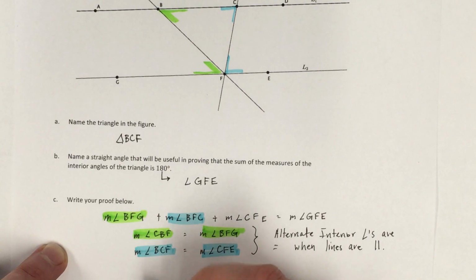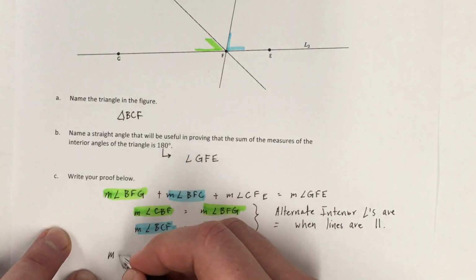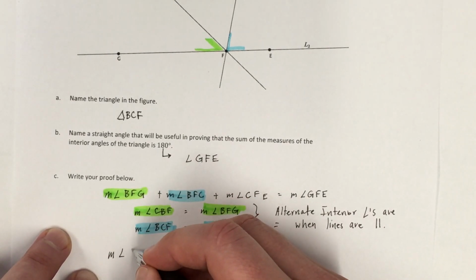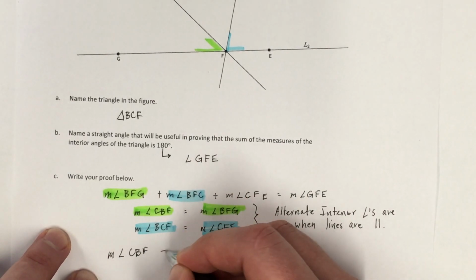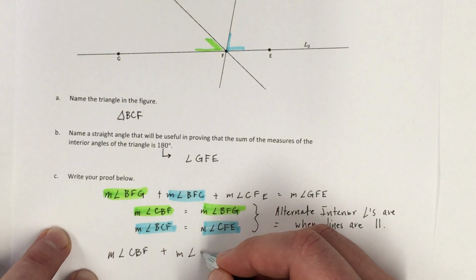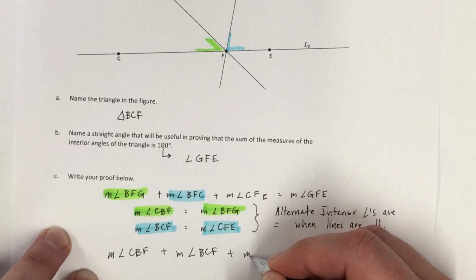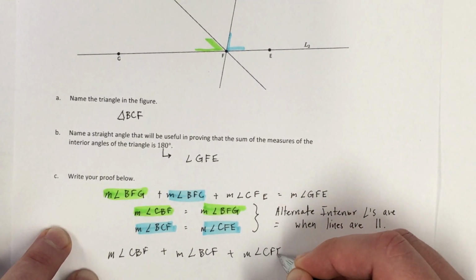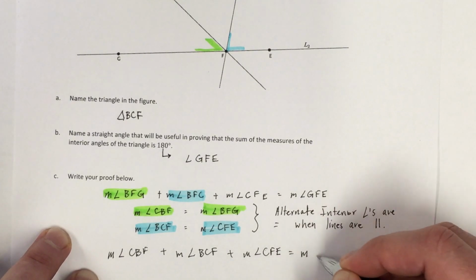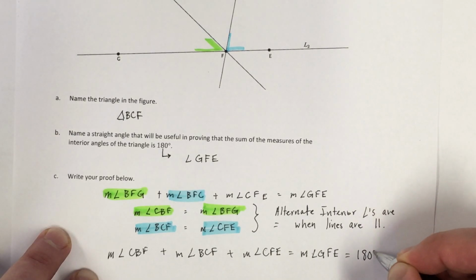And so now I'm able to state that the measure of angle CBF plus the measure of angle BCF plus the measure of angle CFE equals the measure of angle GFE, which is equal to 180 degrees.